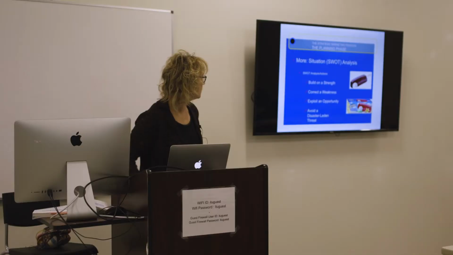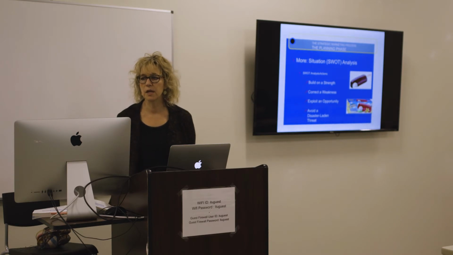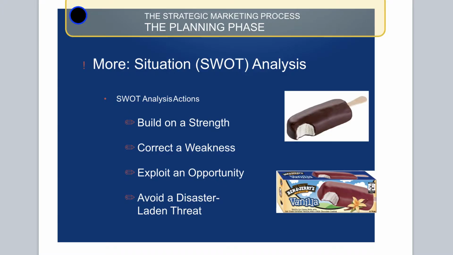Now, you could build on a strength. You could correct a weakness. In other words, maybe Ben & Jerry's has done some ice cream trends that weren't received well. Maybe they did something that was humorous to them that the customers didn't think was humorous, and they need to correct things. Maybe there's an opportunity happening now, like I said, in ice cream where people want to buy full-fat ice cream.